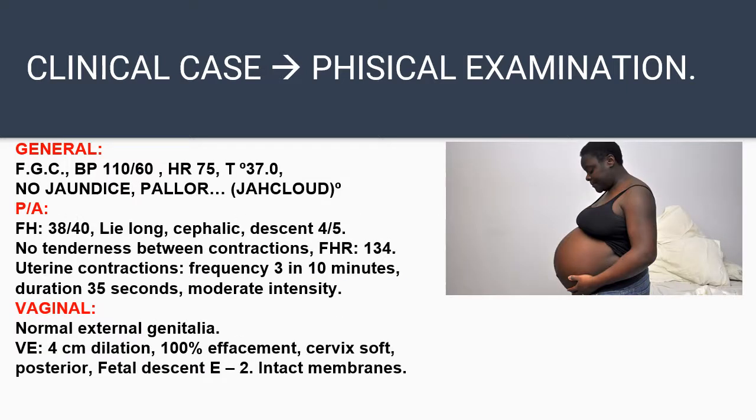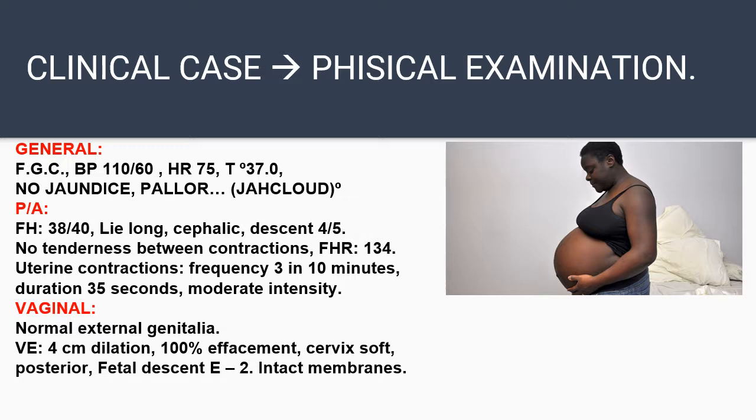So in our clinical case, after the examination, we find out that everything is normal. The vitals, the general examination, the per-abdominal examination show a term baby in correct position. The vaginal examination shows 4 centimeters of dilatation, 100% effacement, without blood, without show, anything like that.